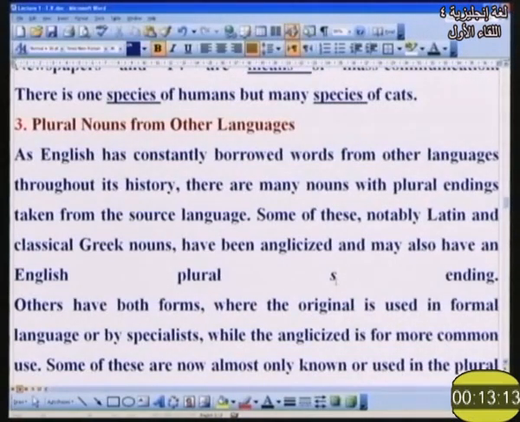If it borrowed from Greek, then it had the Greek ending to the plural. If it borrowed from Latin, it had the Latin ending. There are many nouns with plural endings taken from the source language, the original language that English took from. Some of these, notably Latin and Classical Greek, have been anglicized, meaning they became English, and many of them have a plural ending with an S.